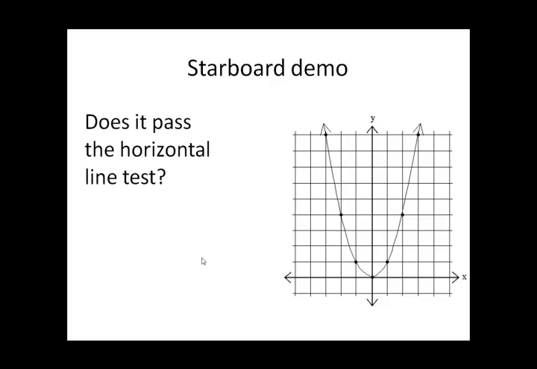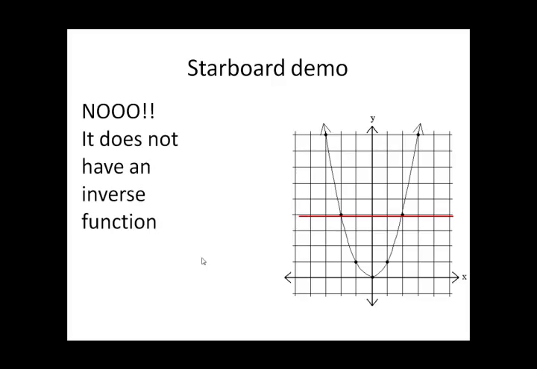Alright, does it pass the horizontal line test? No. If you drew a line and looked at how many times it crosses that horizontal line, you can see here it crosses 2. That means if we were to draw the inverse function, keep in mind that these x and y values reverse roles. So we're going to have, oops, sorry, bad drawing. But here it is.